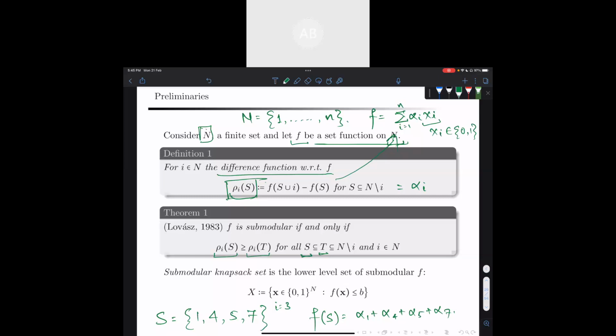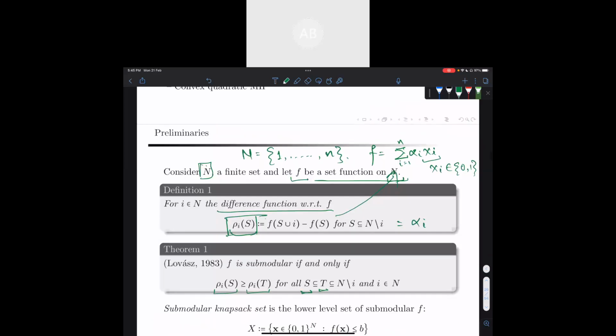And any such function that satisfies this condition is called a submodular set function. So one example would be, let's say this, right?